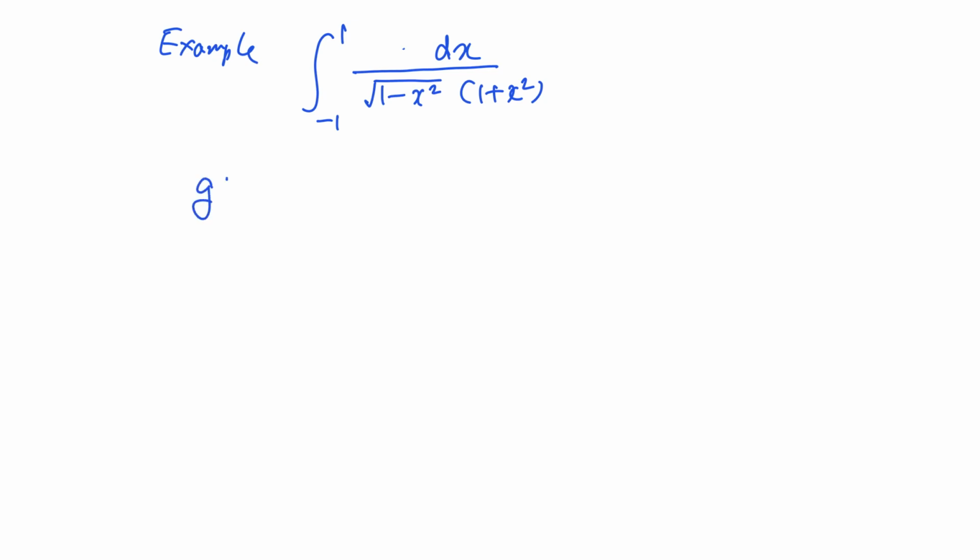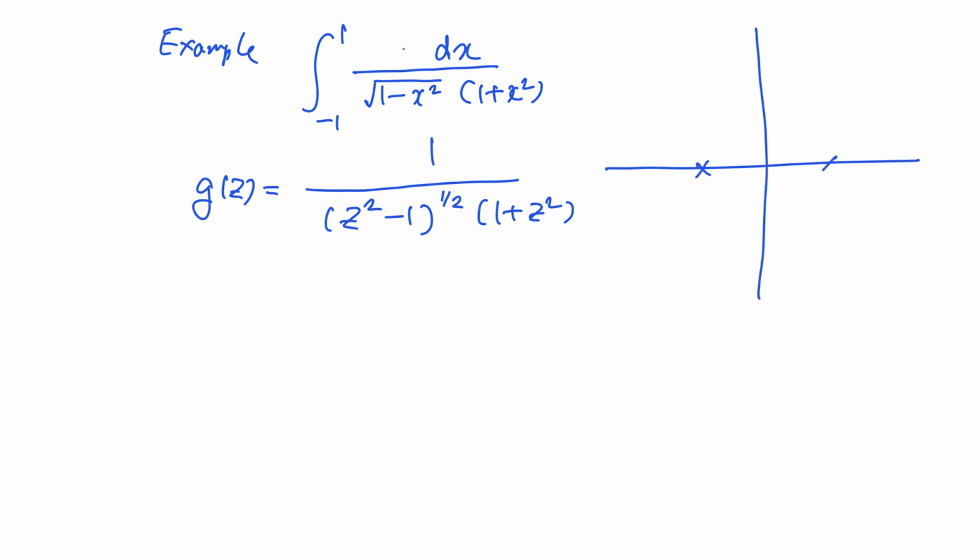So we also need to have c squared minus 1 to the half, 1 plus c squared. Consider this function.